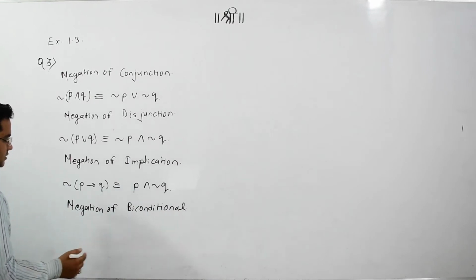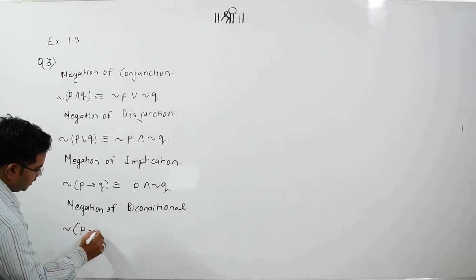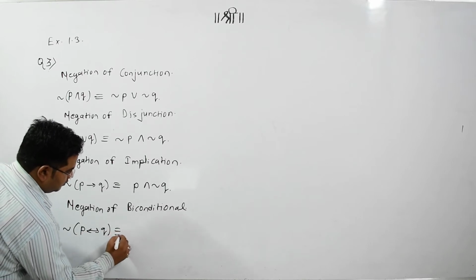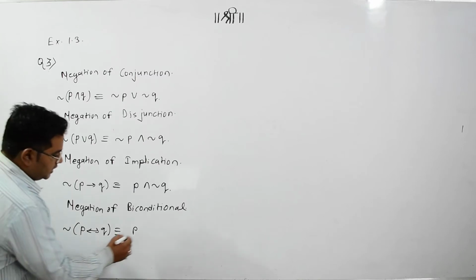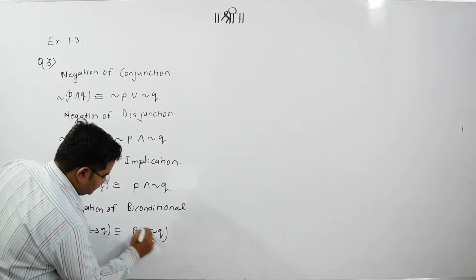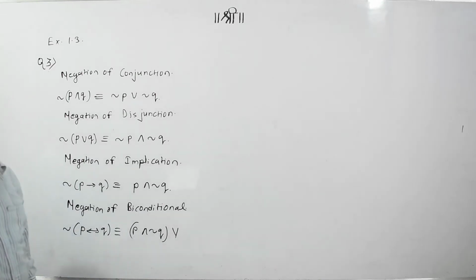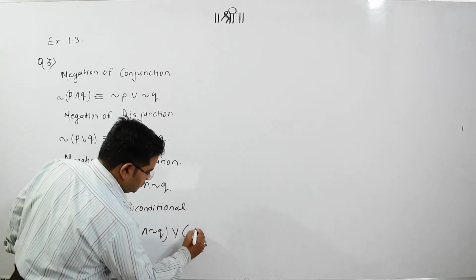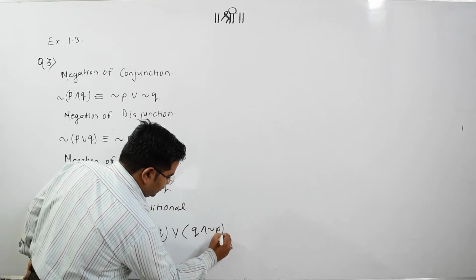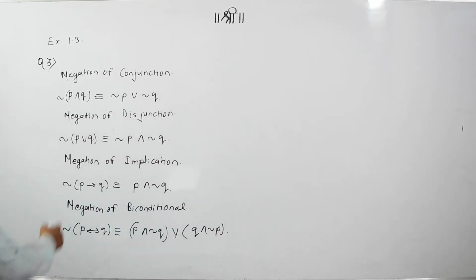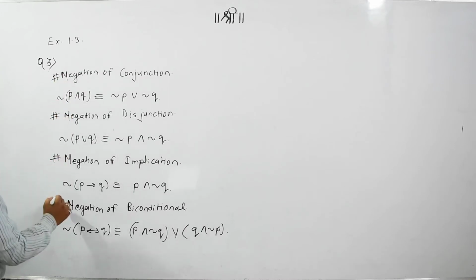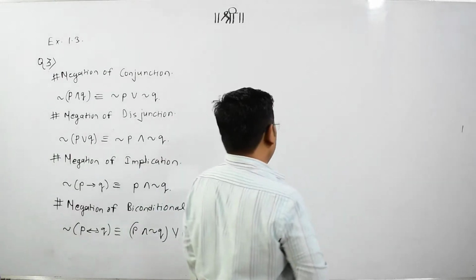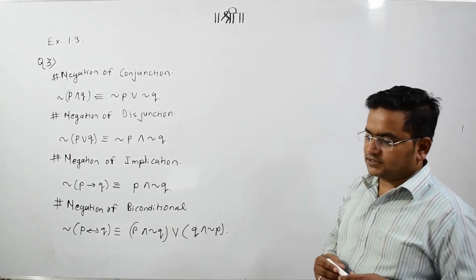So negation of biconditional, what would it be? Negation of P double implies Q is equivalent to P and negation of Q, or, most important, Q and negation of P. I hope I highlighted these formulas properly so you can see them.